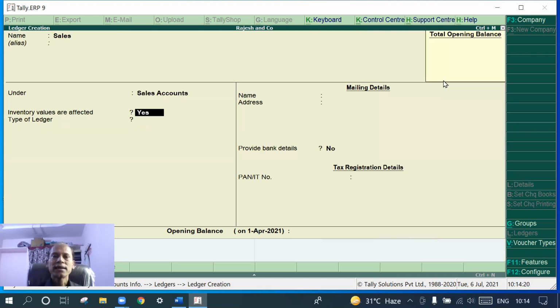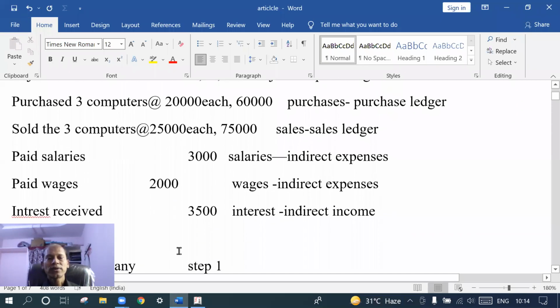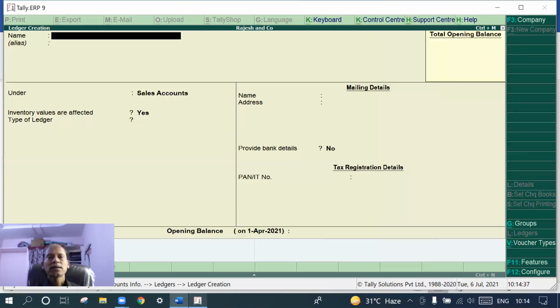Enter again. Sales is over. Next, salaries and wages. We have to create salaries first.